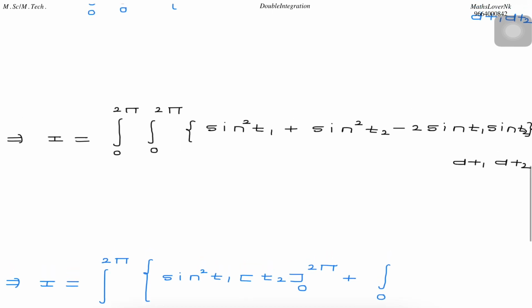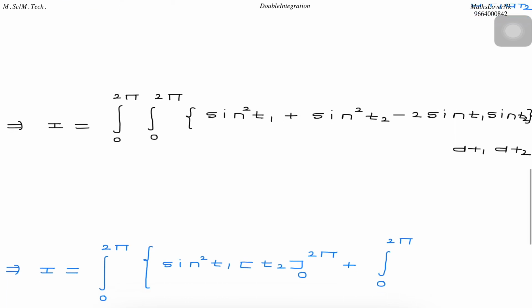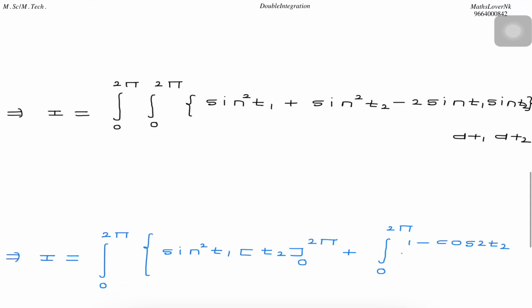We know that cos 2θ is equal to 1 minus 2 sin square θ, so sin square θ becomes (1 minus cos 2θ) upon 2. So it becomes (1 minus cos 2t2) upon 2 into dt2.